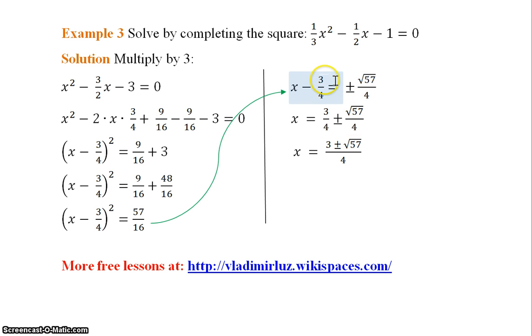Then we move −3/4 to the right with plus, and because we add two fractions with the same denominator, we can write it as (3 ± √57)/4. These are the roots of the given quadratic equation, which we solved by completing the square.